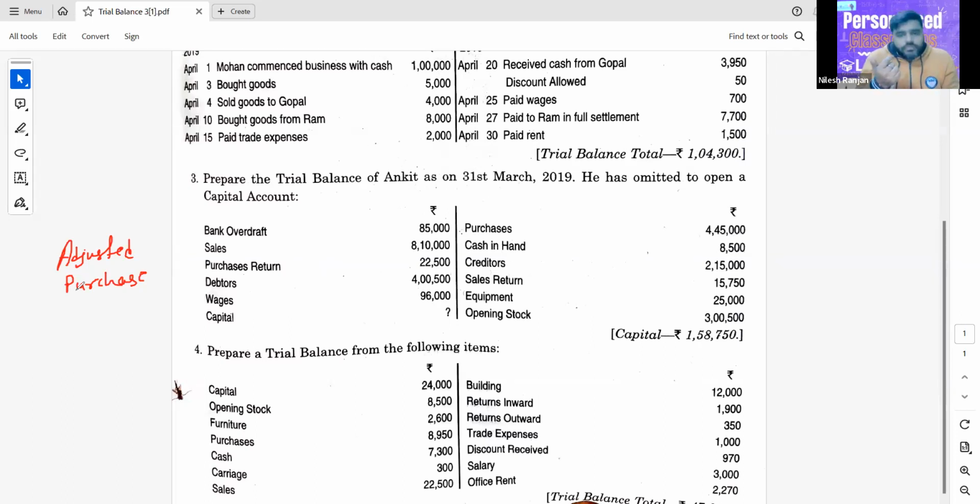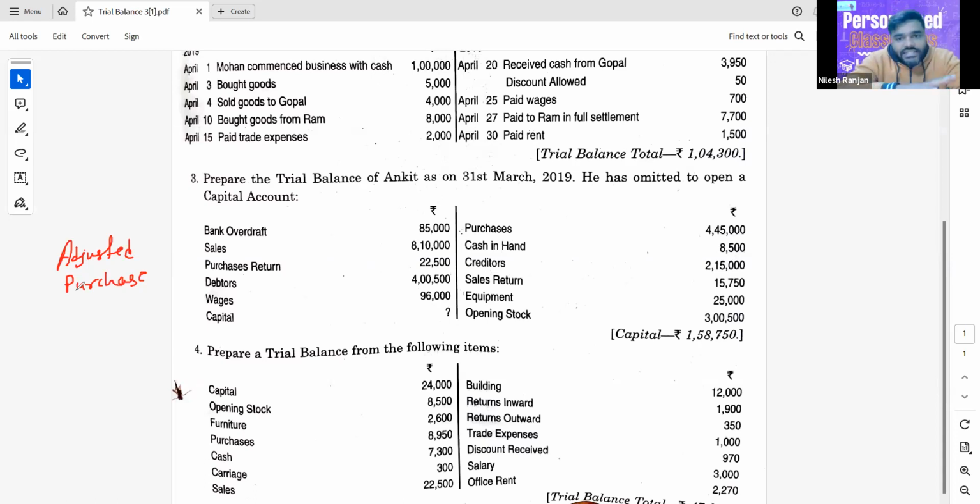Like, paid to Ram in full settlement. Whenever there is a full settlement case, you go to a shop and tell them to keep this amount and this is our full and final settlement. It means you are paying less money. Then only you say it. You never say this to someone when you have received 1,000 and you paid 1,000.